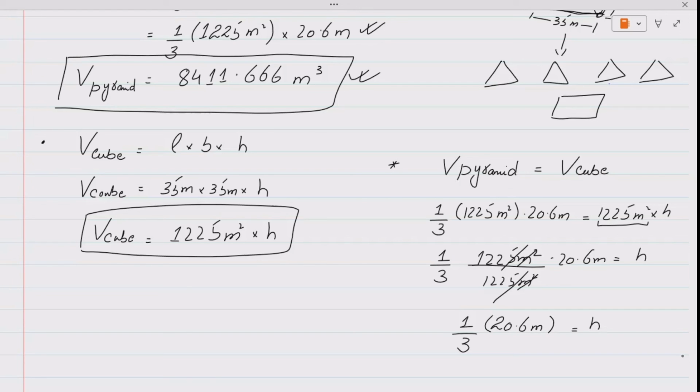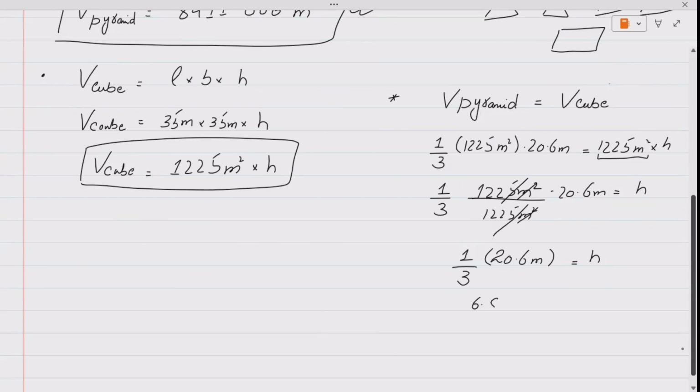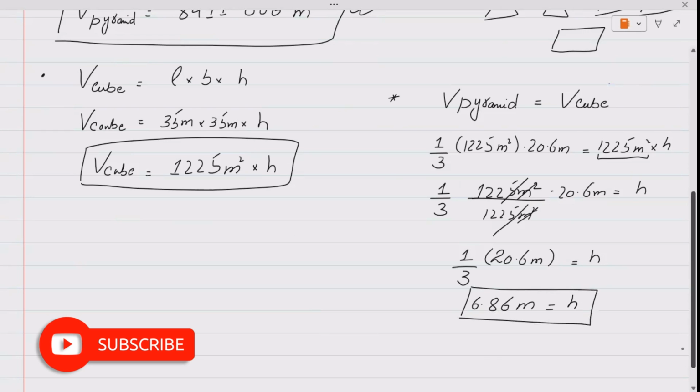So when you divide 20.6 by 3, what we got is something like 6.86 meter. So this is our height, and the question is complete.